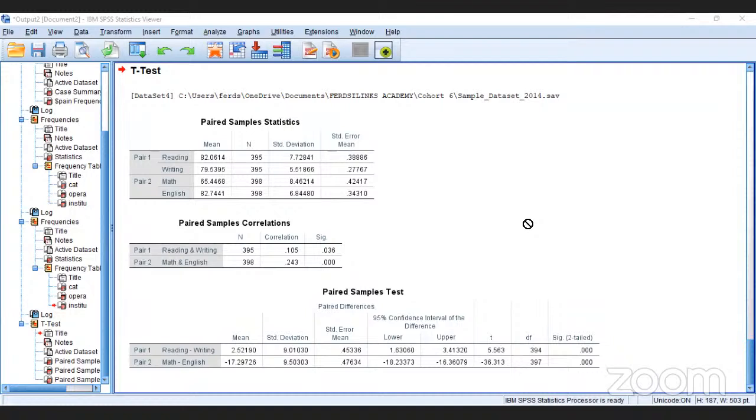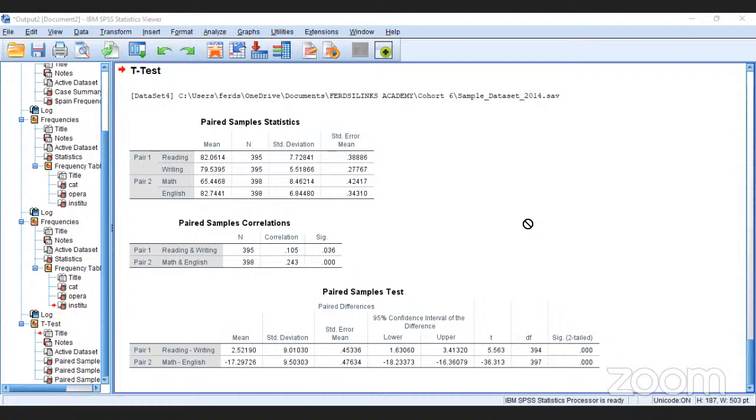Now, when we use the independent sample t-test, we have tests for equality of variance. There was a test used for equality of variance known as what? The Levene's test, right? And in the paired sample t-test, we have what we call the correlation test.